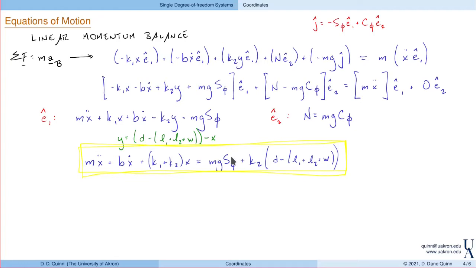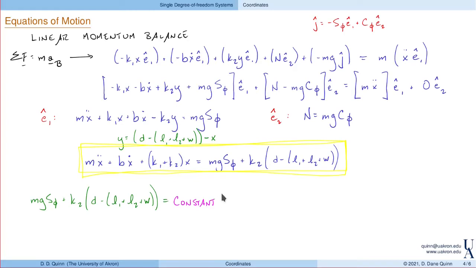And here, forcing implies the forcing on the equation of motion. And notice that that's constant. Right, so we can say mg sine of phi plus K2 times d minus L1 plus L2 plus w is some constant.